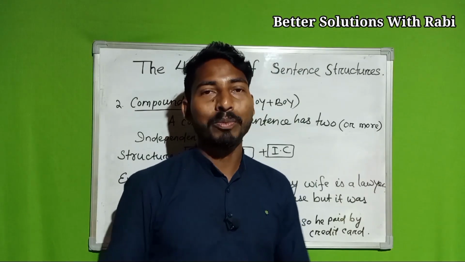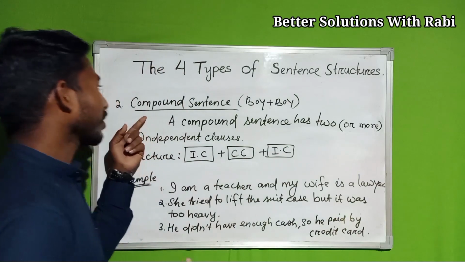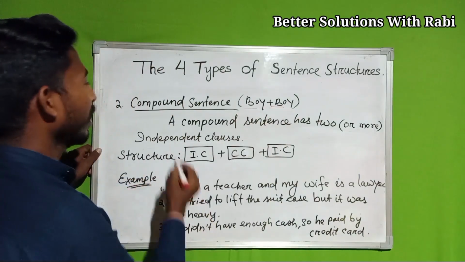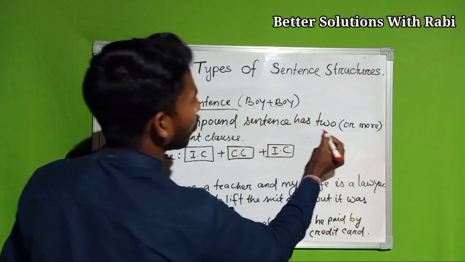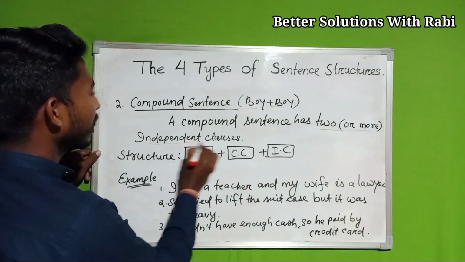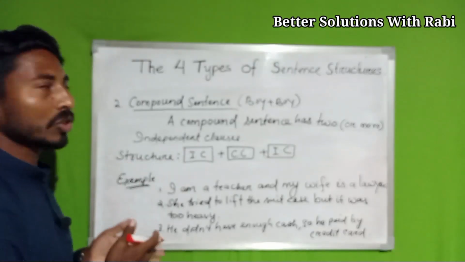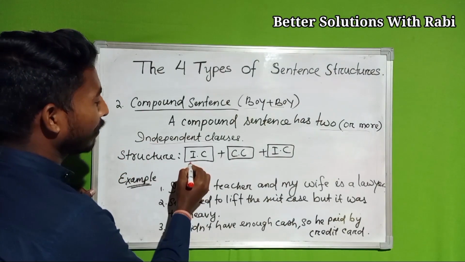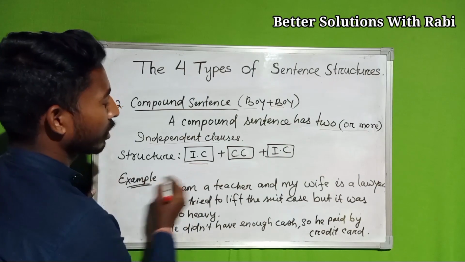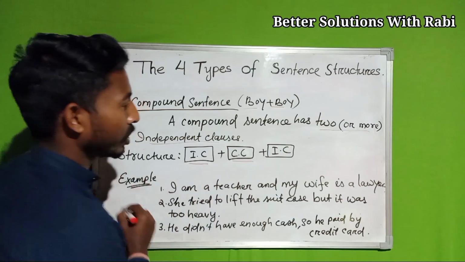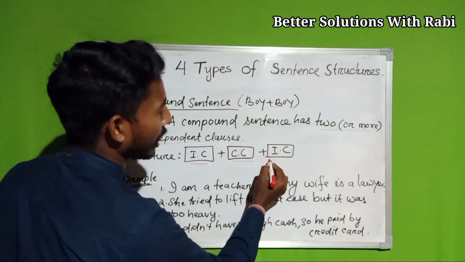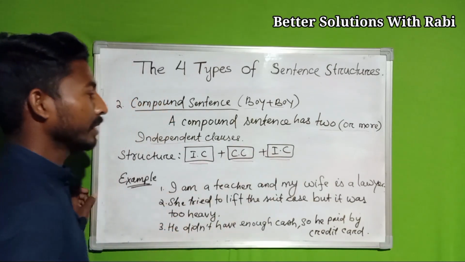Now let's move to the second one, that is the compound sentence. A compound sentence has two or more independent clauses. Now let's see the structure of the compound sentence. First an independent clause will come, then a coordinating conjunction to connect the two independent clauses, and then at last another independent clause.